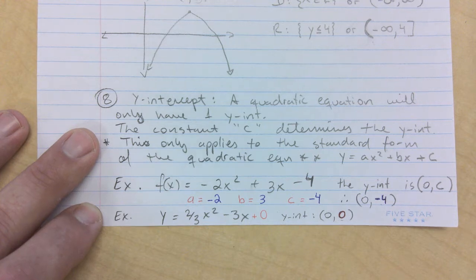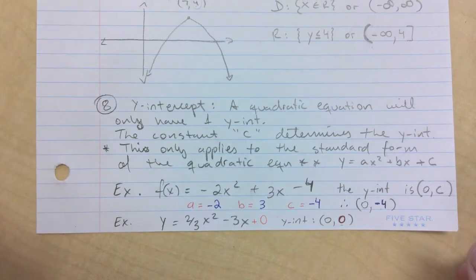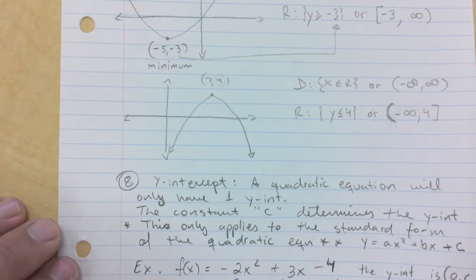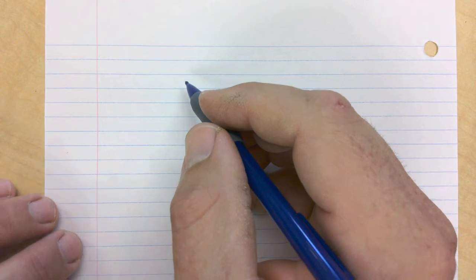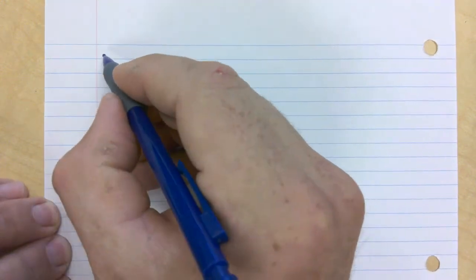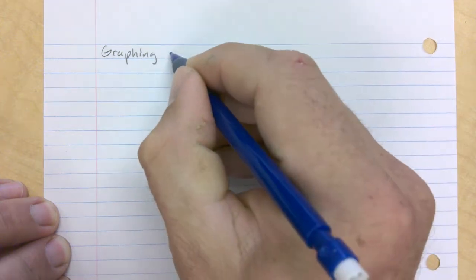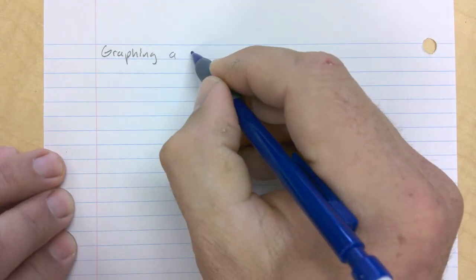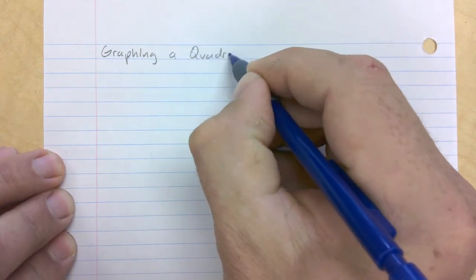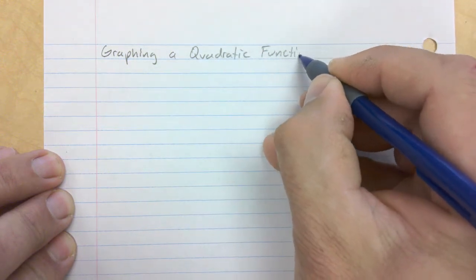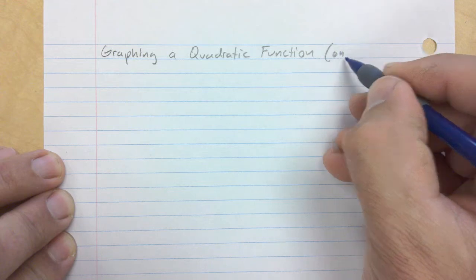All right, so this was a lot of concepts, theories, and whatnot. So let's do some practical stuff now, okay? So we're gonna graph a quadratic function, on paper, I should say.